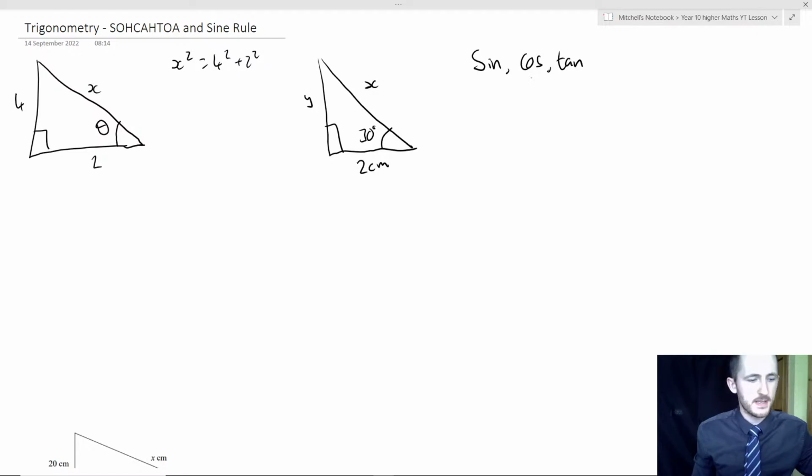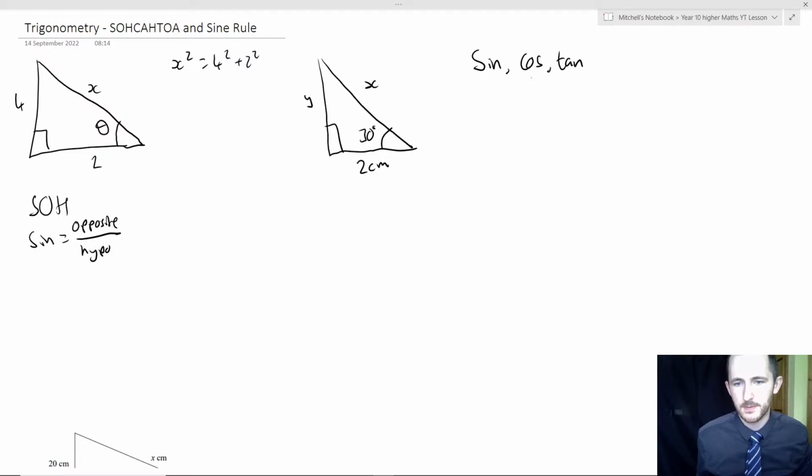You may have seen SOHCAHTOA before as well. Just as a reminder, let's go through it. We have these sine, cos, and tan, but we need to know which ones we use in a given situation. The SOH part stands for sine equals opposite over hypotenuse.